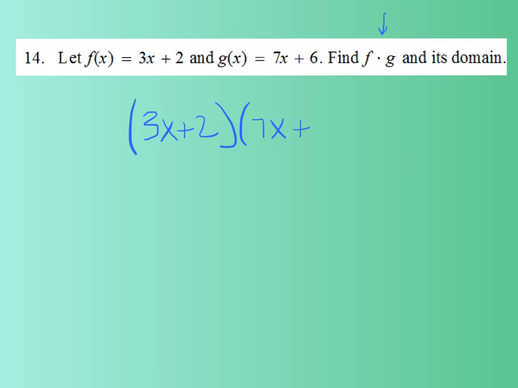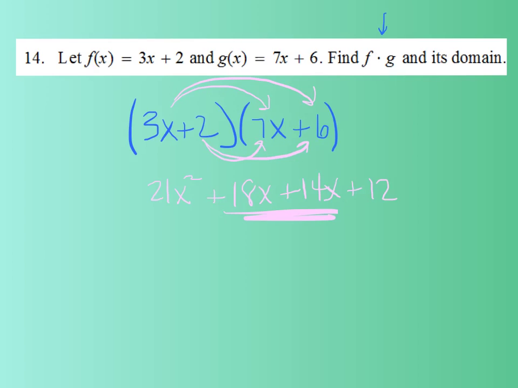That gives me 21x squared. 3x to 6 gives me 18x. 2 to 7x gives me 14x. And 2 to my 6 gives me 12. Now I see that I have my 18x and my 14x that I can combine. And I end up with 21x squared plus 32x plus 12. My order is written high to low, so I am done.